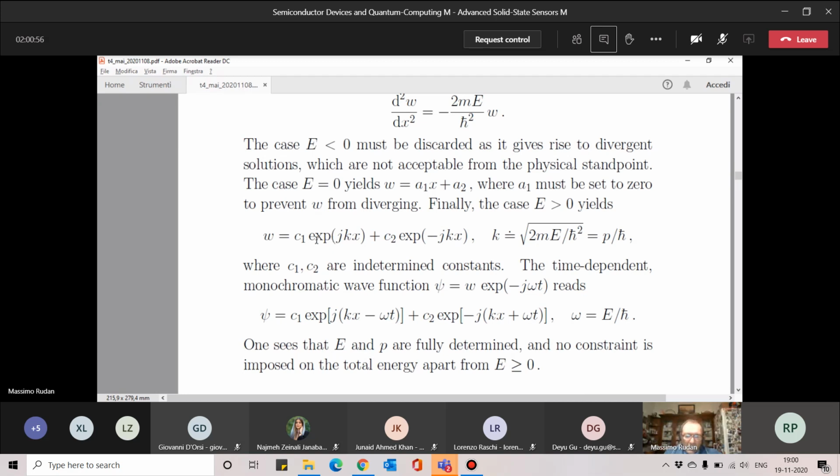One is exponential of j kx, and the other is exponential of minus j kx. So in this case, the eigenvalue is continuous. There is no index. But there are two eigenfunctions that are linearly independent from each other corresponding to the same energy.